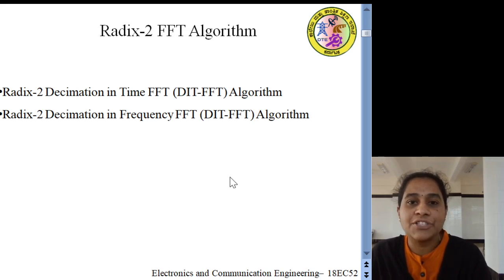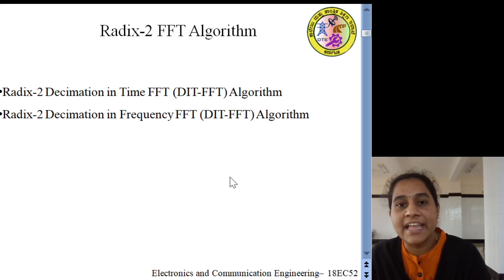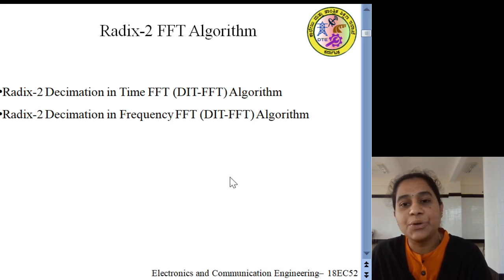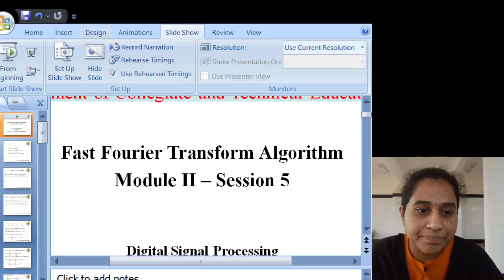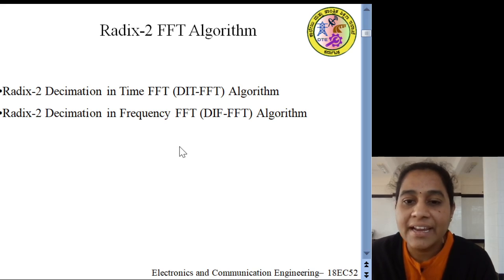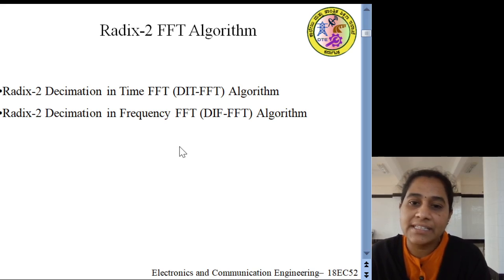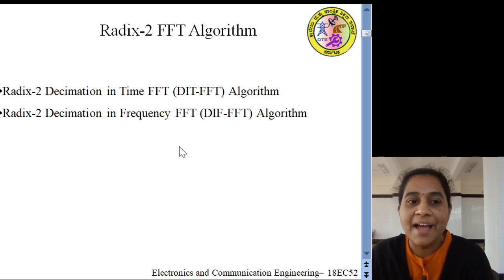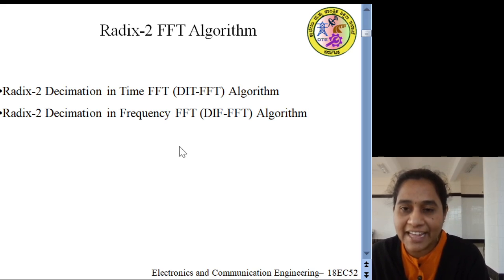In radix 2 FFT algorithm, we again considered the classifications radix 2 DIT FFT algorithm as well as radix 2 DIF FFT algorithm. So here there are two, that is DIT FFT algorithm and DIF FFT algorithm.